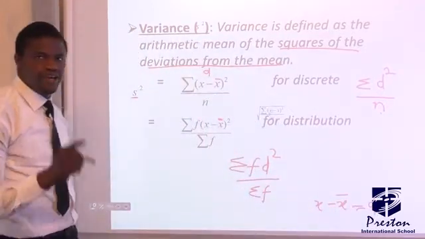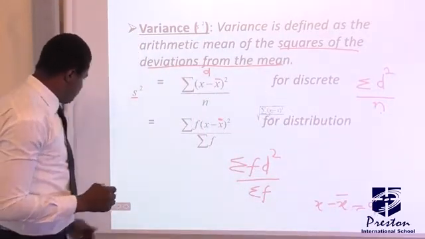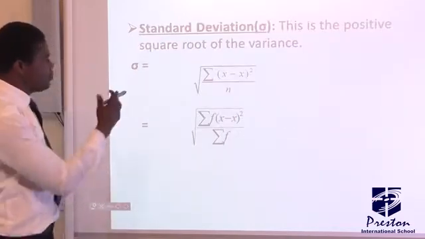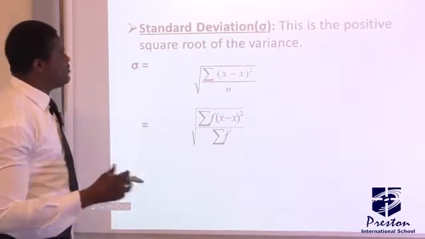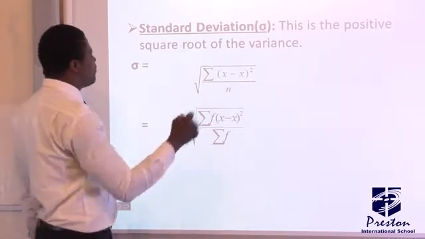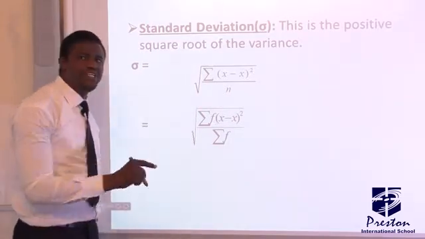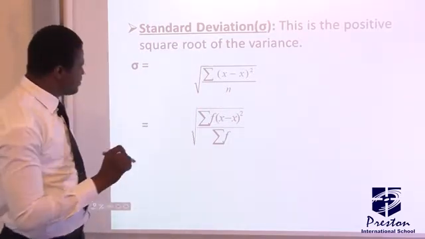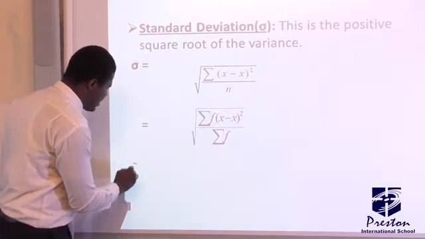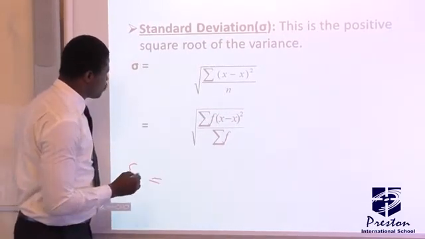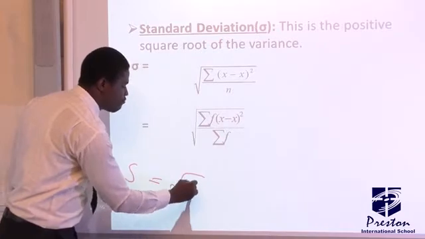It's very, very important. And finally, here we have standard deviation. This is the positive square root of the variance. In very simple words, we can say standard deviation is equal to the square root of variance.